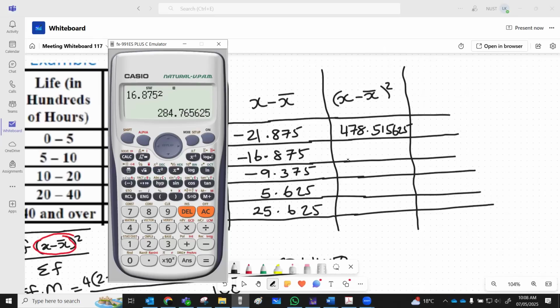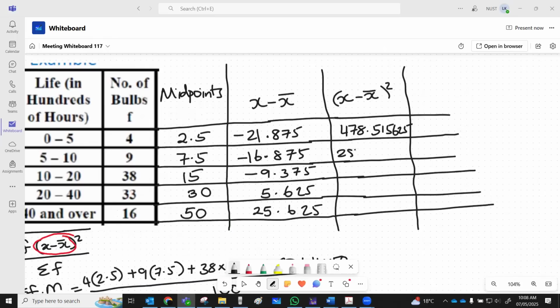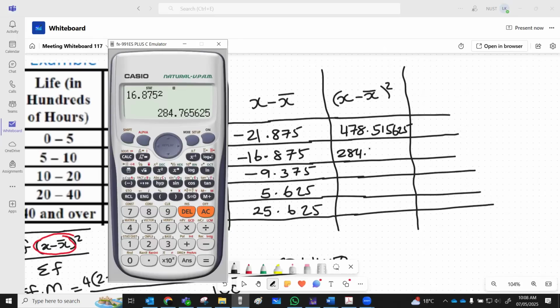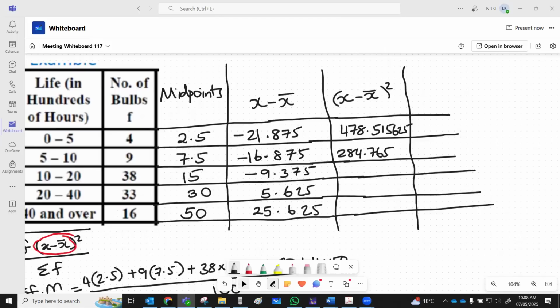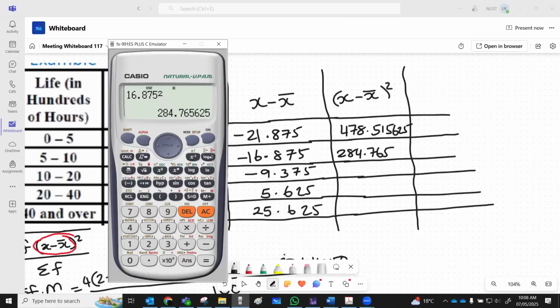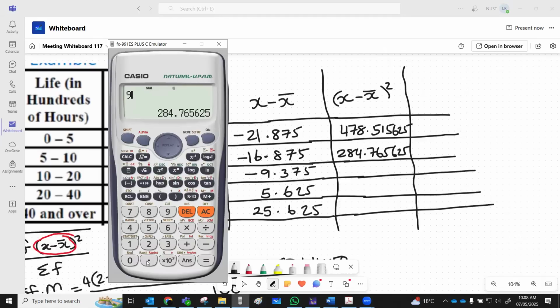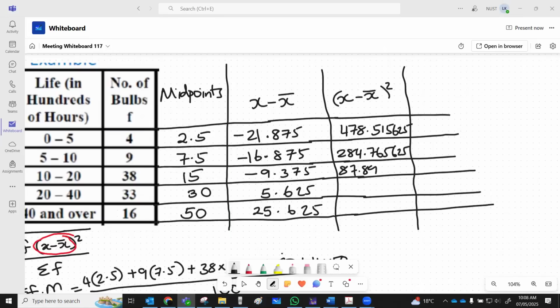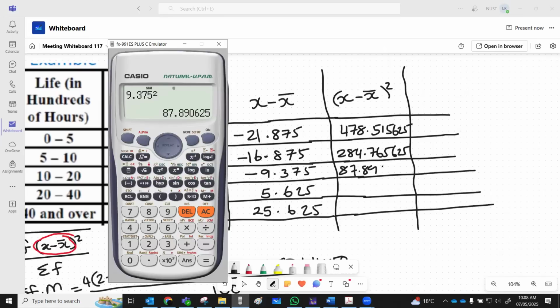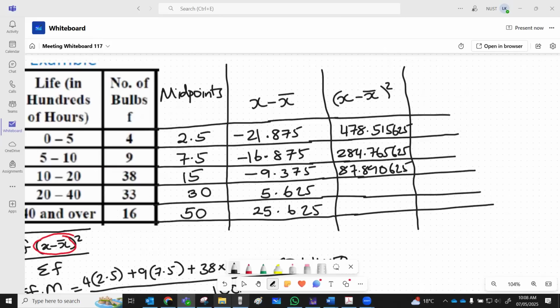So this is 284.765625. Then the next one, we have 9.375. When we square this, we get 87.890625.